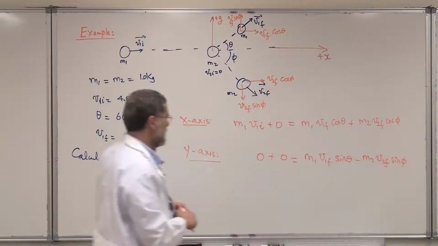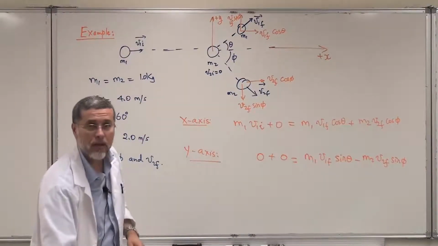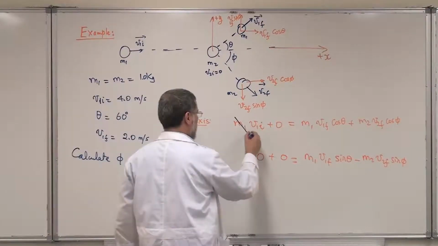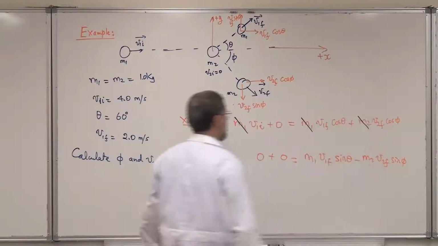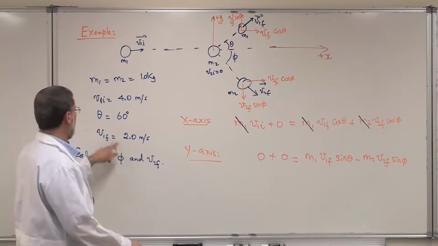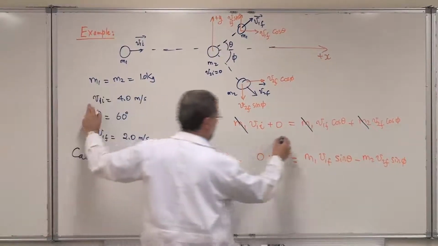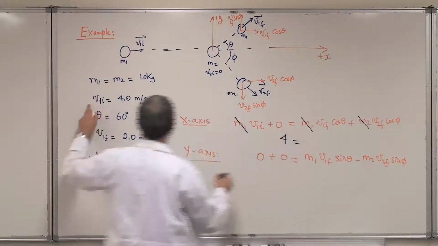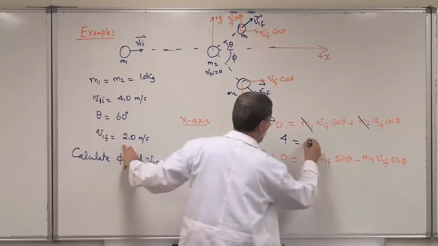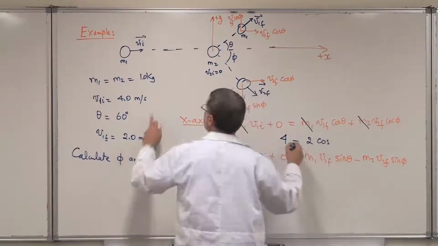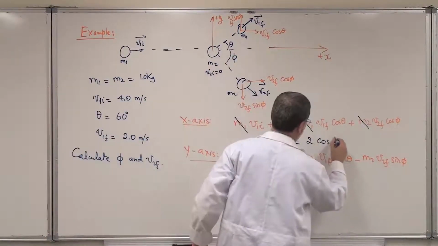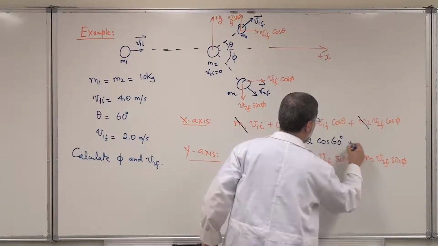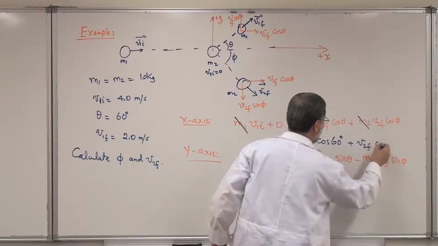Okay, now since m1 and m2 are equal, I'm going to just cancel them. v1 initial is 4, so I'm going to put 4 here, equal v1 final is 2 cosine 60 degrees, since theta is 60, plus v2 final cosine phi.